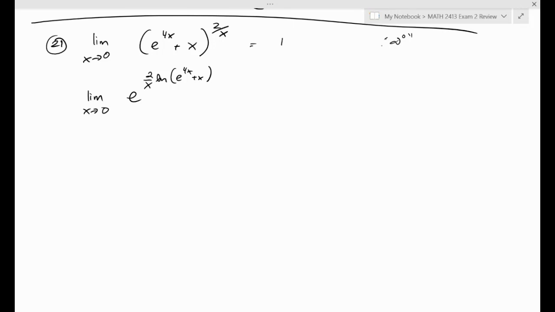Right, so we would get 1 to the infinity. So we take logs. Now we get 0, 0. X is already in the denominator here, notice. So exponential is continuous, doing the limit statement inside.